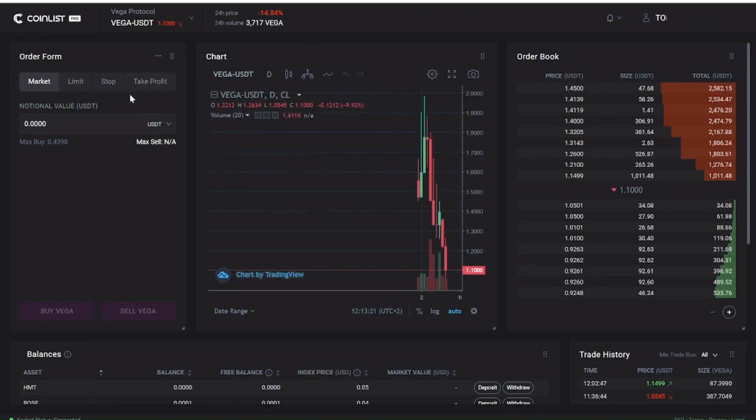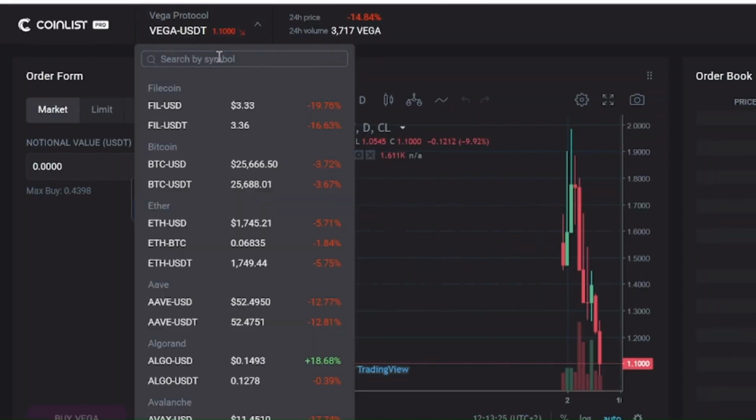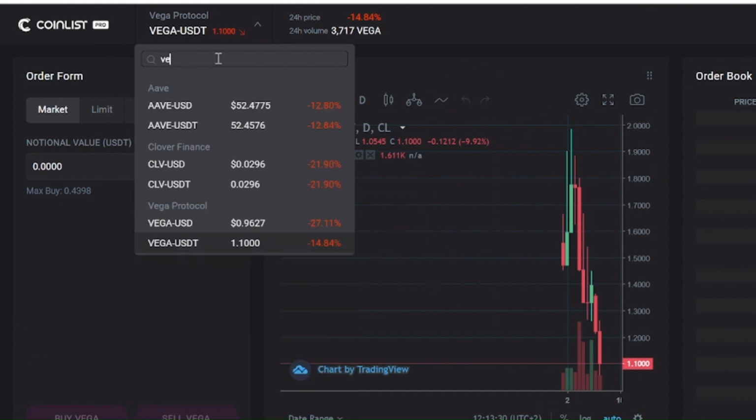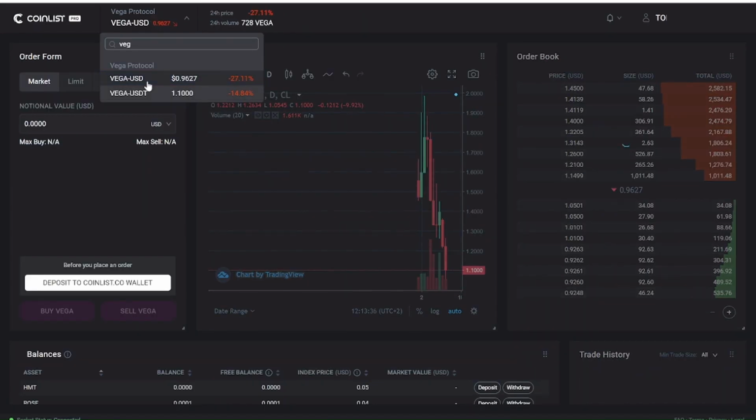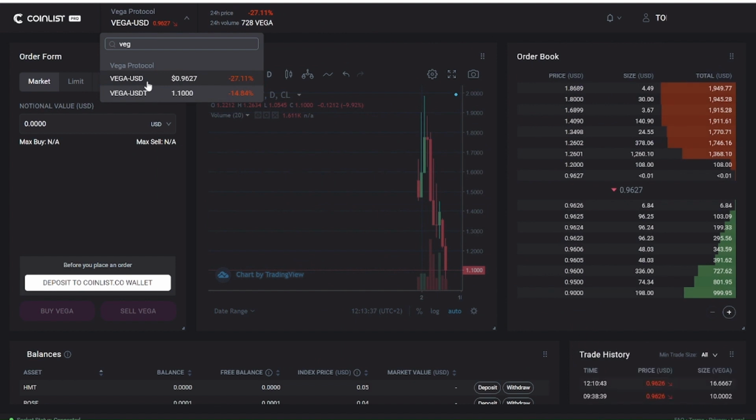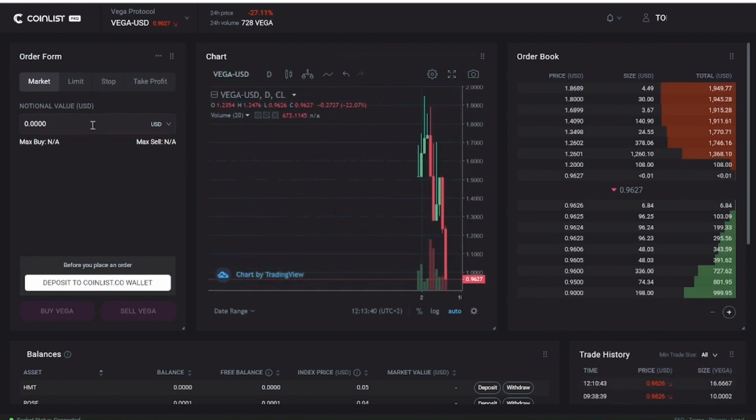And right here, if I change this and go with this Vega USDT pair, this is the USDT pair. Then I'll be buying. I'm going to talk about how you'll be able to deposit money to this account, but I just want to show you how this opportunity exists on this Coinlist Pro exchange.